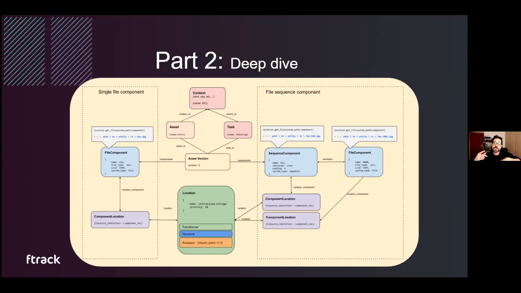What will happen is that you first publish the sequence component, so the file sequence will be available in another site, but the availability will be 0, because no file of that sequence has been transferred yet. The more files are transferred, the more the availability becomes available. And of course, the sequence component and the file component will have their own component in location, because they could be living in different places at the same time, as we saw.